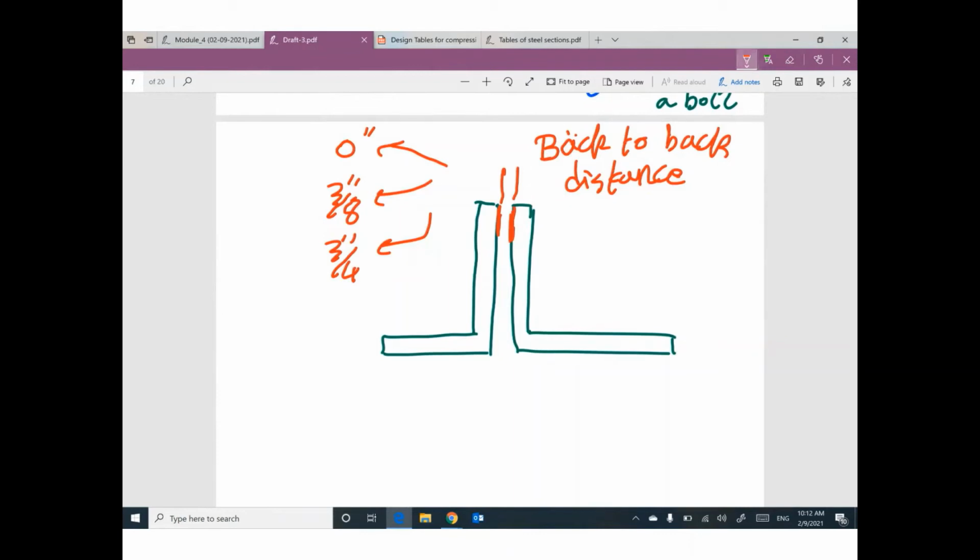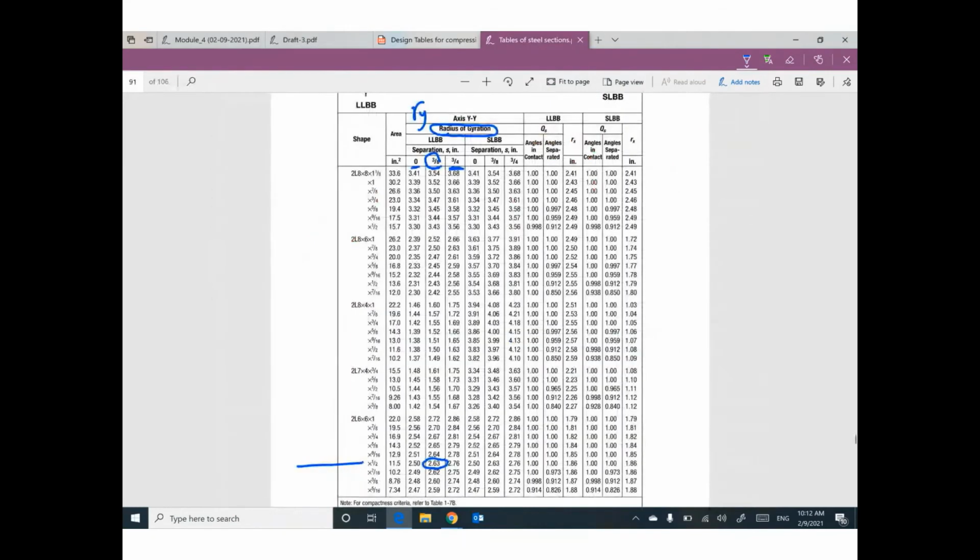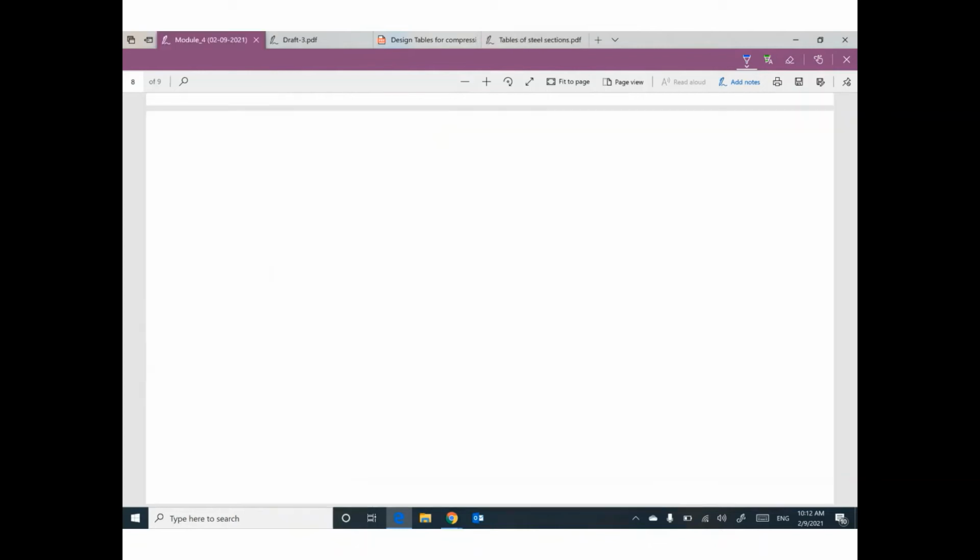We are not using 0 because we expect something to fill this gap. So we can assume this distance, it's up to you. It's not a big deal, okay? So I'm gonna use 2.63. The difference between this value and this value is just a little bit. So I'm gonna use the middle one, 2.63, which is the radius of gyration about YY, which is the smallest value.